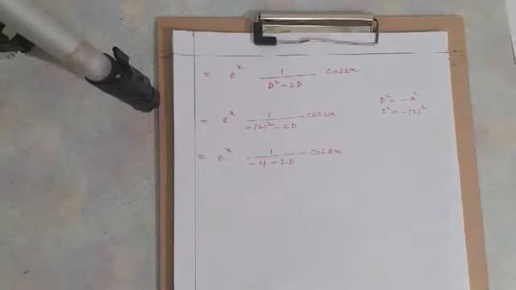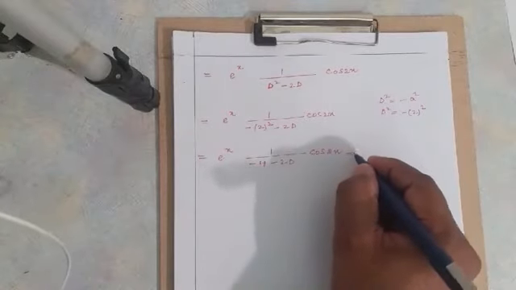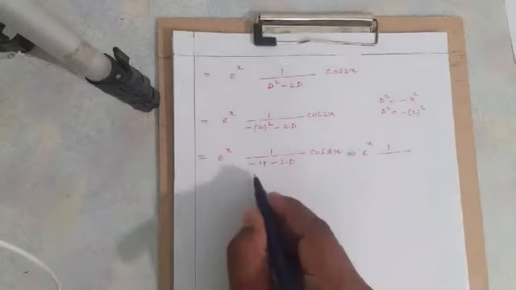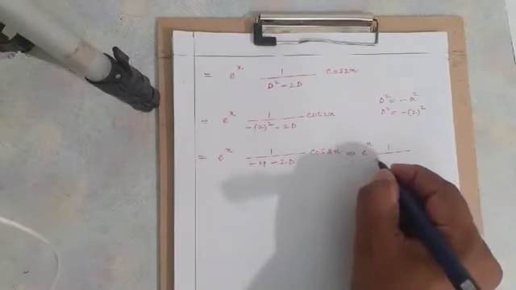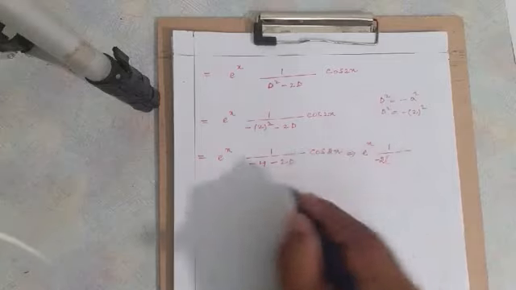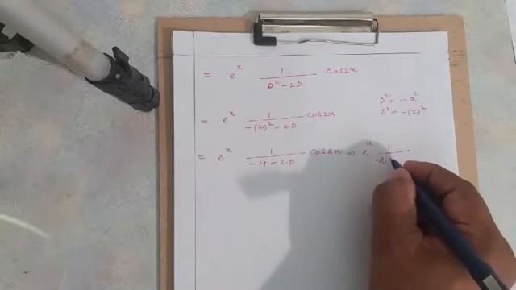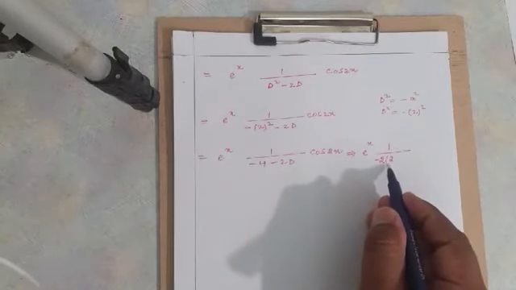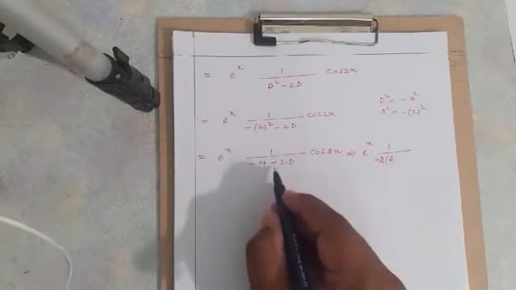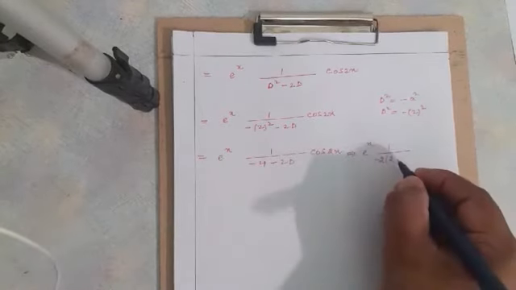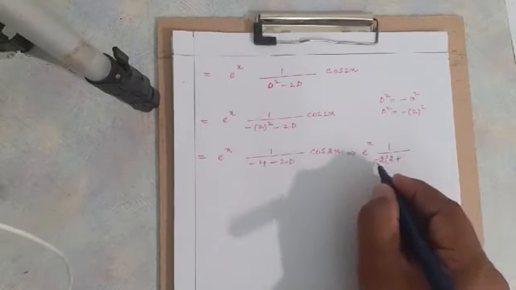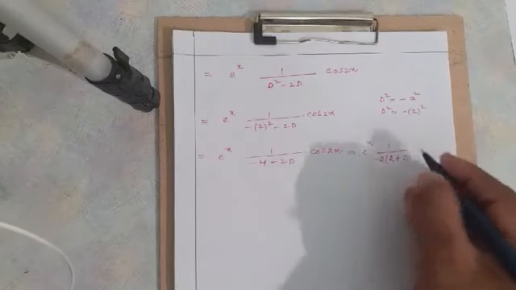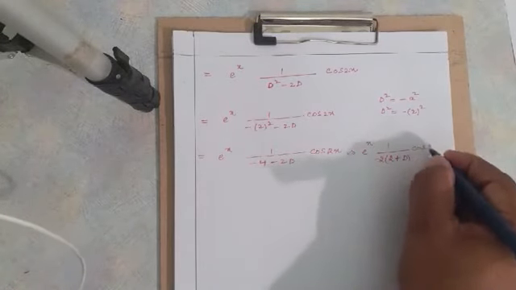Then after this you can take common, so this can be written as e power x into 1 upon, taking minus 2 common. If you take minus 2 common, inside you get 2. You can see minus 2 into 2 becomes minus 4, and here you have minus 2D, so I write minus 2 into D, just write D here, and then cos 2x.